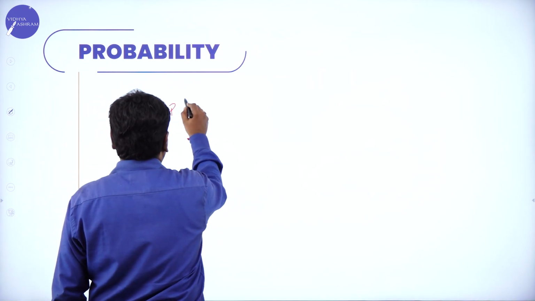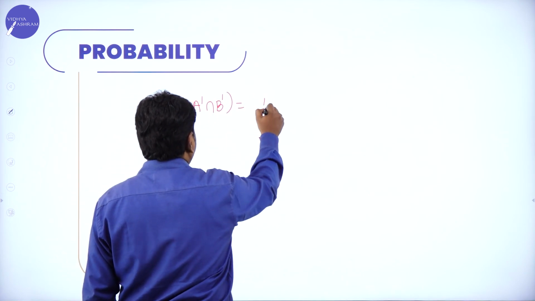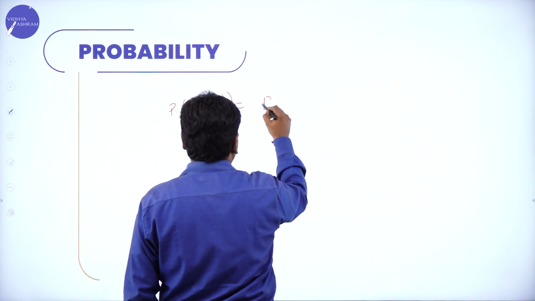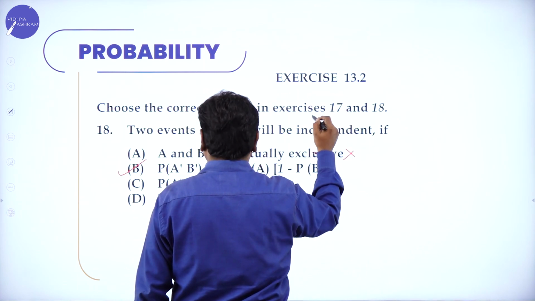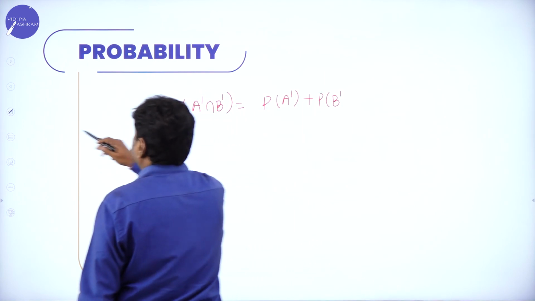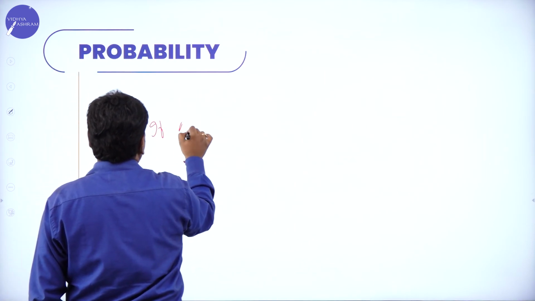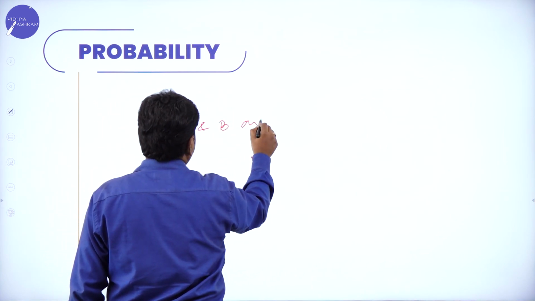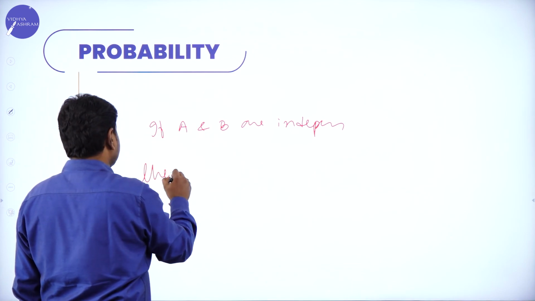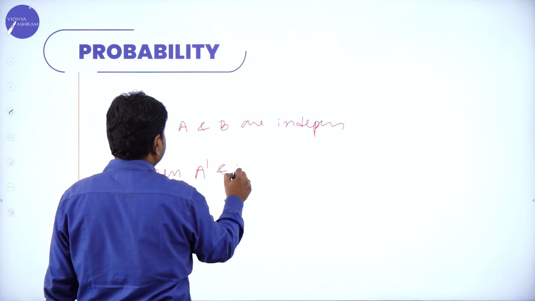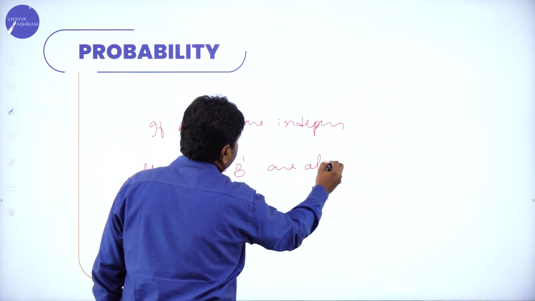And why? Because if you take P of A dash intersection B dash, we can write it directly as the conclusion. Remember this: if A and B are independent, then obviously A dash and B dash are also independent.